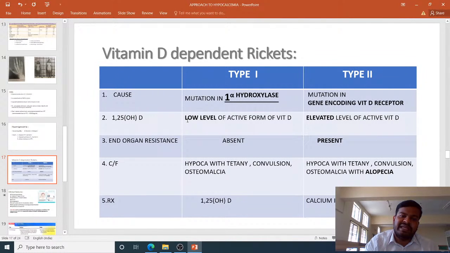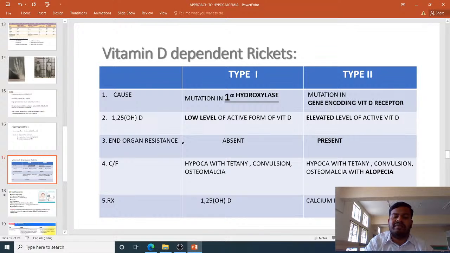So vitamin D dependent rickets, I think you already know, is a mutation in the 1 alpha hydroxylase in type 1, and a mutation in the gene encoding the vitamin D receptor in type 2. So there is definitely a low level of active form of vitamin D due to 1 alpha hydroxylase deficiency, since there is no conversion from 25 to 1,25.